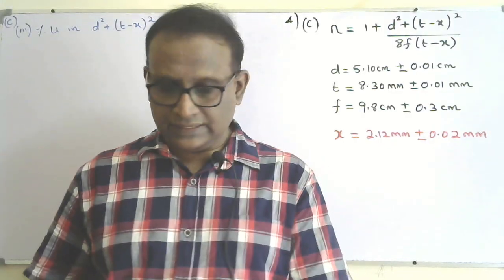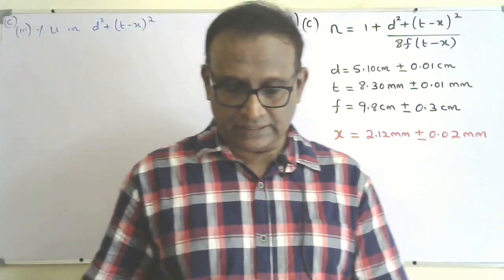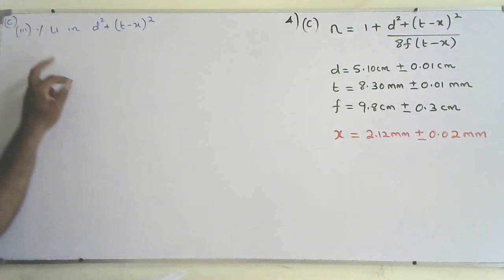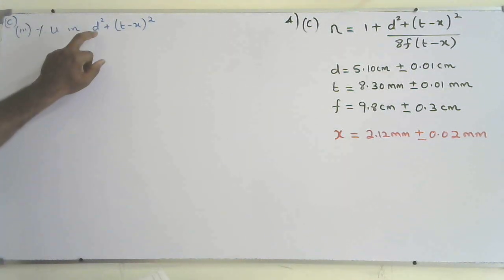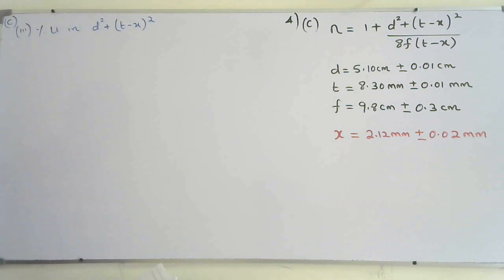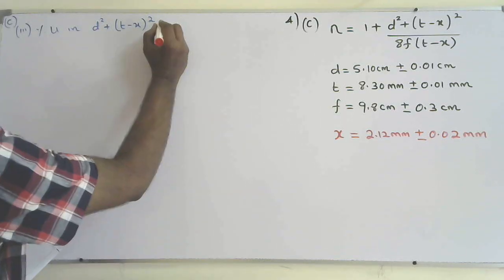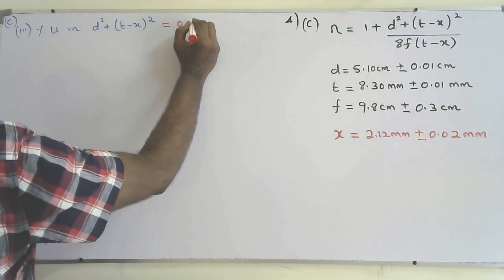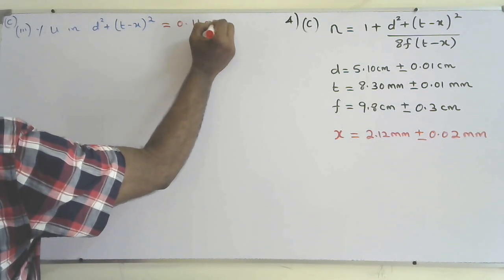Okay, so third part, C part. The question is, show that the percentage uncertainty of d squared plus (t minus x) all squared is almost equal to 0.11 centimeter squared.